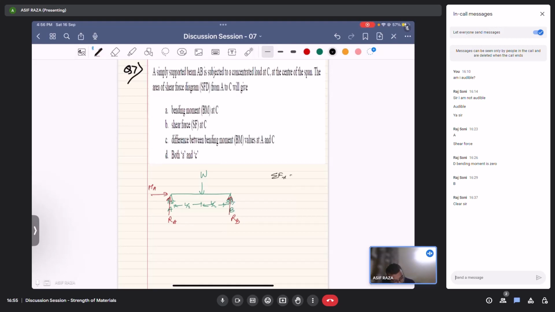Sigma Fx equal to 0 would give me H equal to 0, and then using sigma Fy equal to 0 and sigma M equal to 0, this would give me RA and RB equal to W by 2, because it's symmetric in the loading case. So RA and RB would equal W by 2.